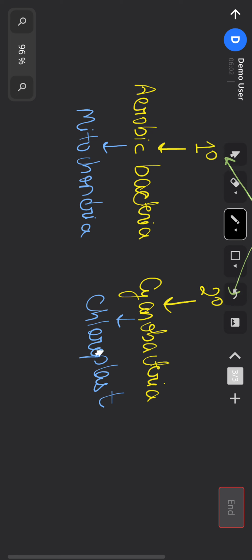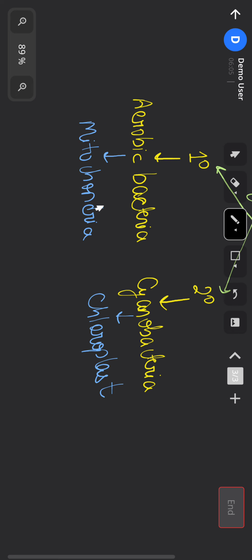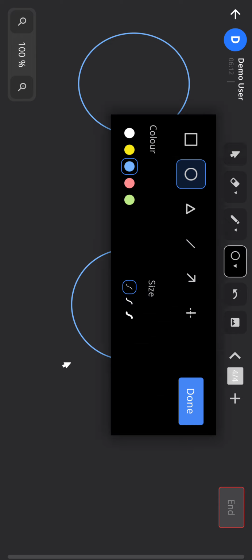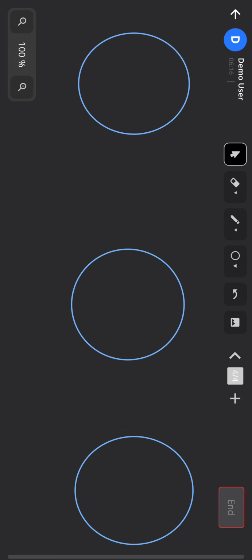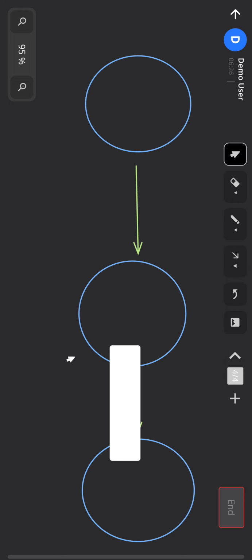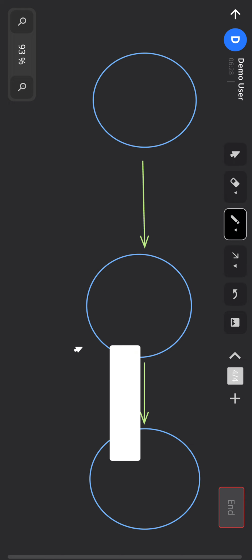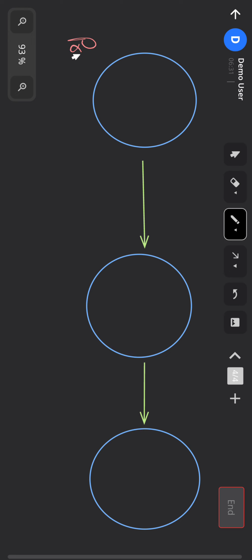Okay, so now we will see it with the diagrams. So now what happened? This is a proto-eukaryotic cell. Sorry if some noise comes.